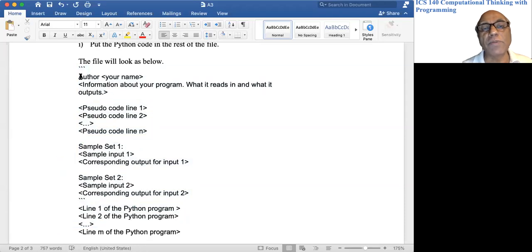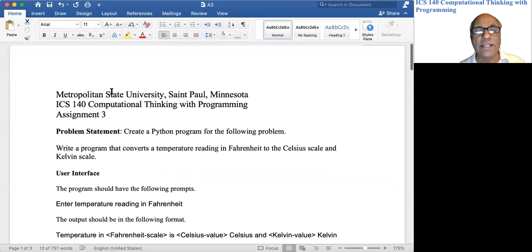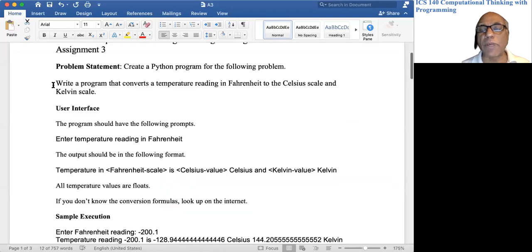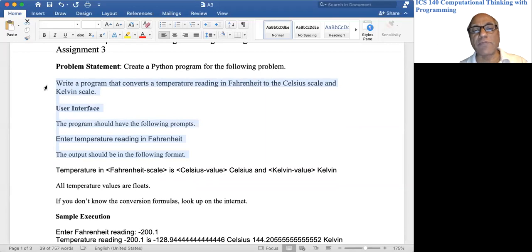At the very top, you should put your name in a format like this. You should write author and give your complete name. Then you should write what the program does. You can get a description of the program from here and adapt this. This essentially describes the problem.